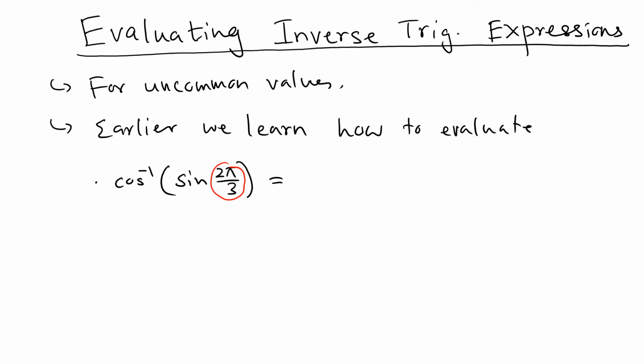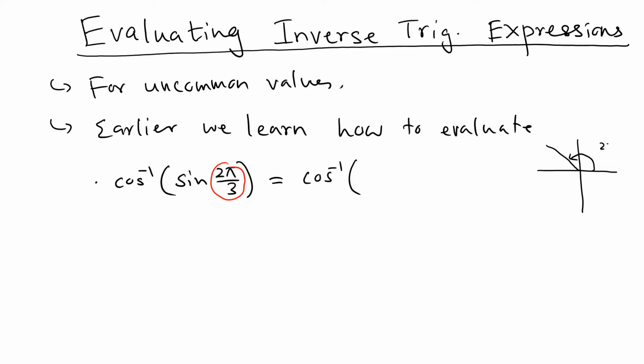So we simply repeat the cosine, the first outside function, and then we evaluate the inside function. You can see that this angle, 2 pi over 3, is in the second quadrant.